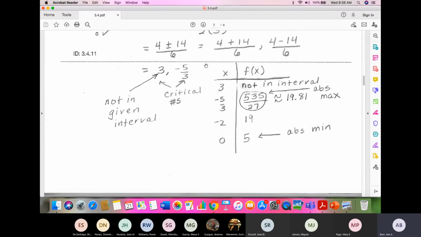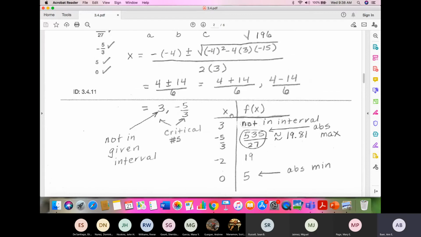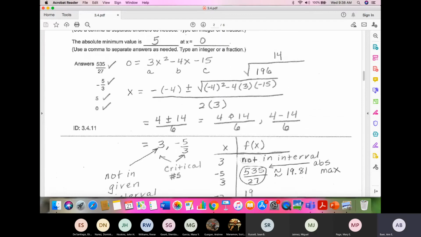Copied those down. And then we want to find the y coordinate of all of those numbers. And just to give you a sense of what the answers are, you see they want this answer in reduced fraction form.